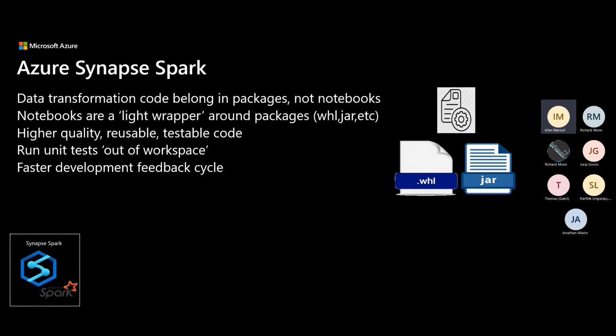One best practice is to keep lightweight code, or DAO-related code, in your notebooks, and do the whole transformation in your packages. Even the Spark that exists in Synapse is open source, so you can develop on your local machine using open source Spark, build the packages locally, and test them.